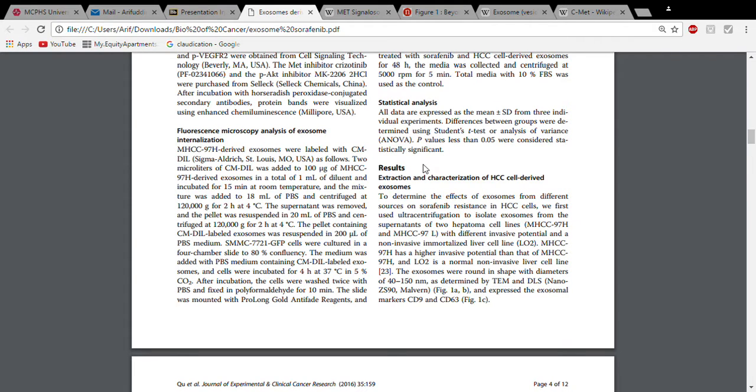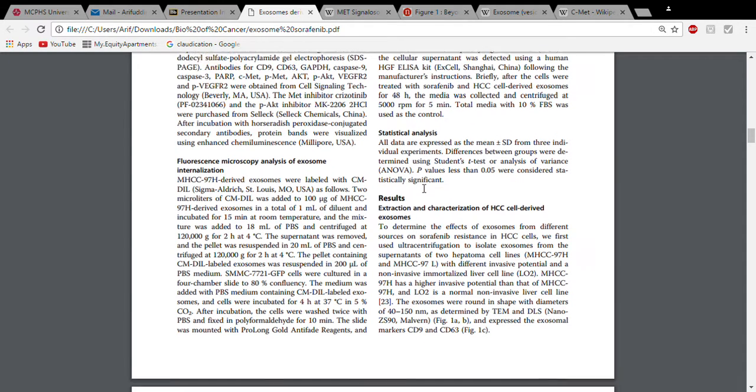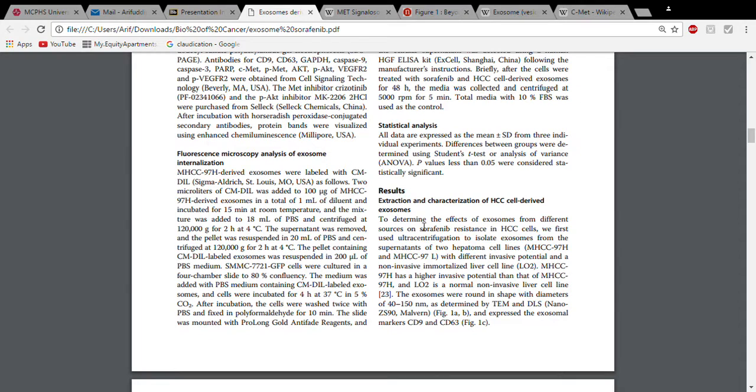The researchers needed to derive exosomes from liver cancer cells, because the paper says exosomes derived from liver cancer cells induce the sorafenib resistance. They picked two strains of liver cancer and called the exosomes derived from them MHCC 97H and MHCC 97L. For simplification, I'll refer to them as 97H and 97L exosomes, and they had different invasive potentials.